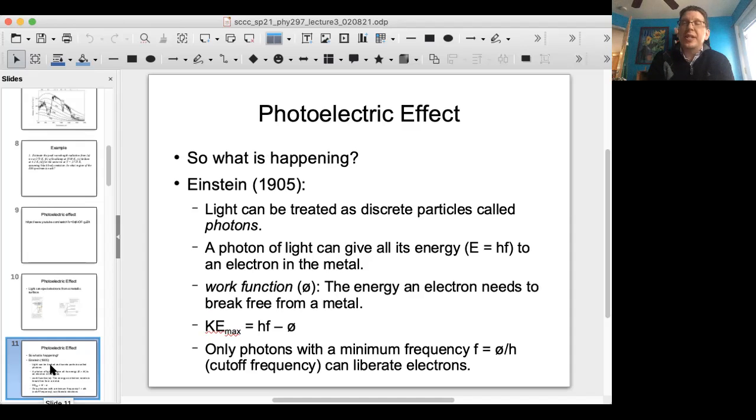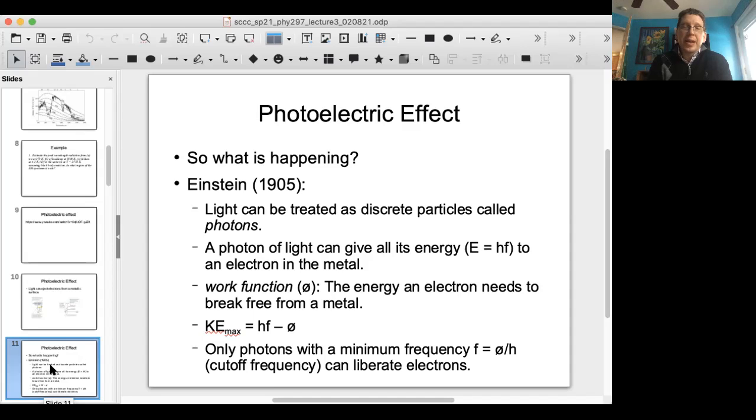So if the energy given to the electron by the photon does not exceed the work function, then the electron stays within the metal. It does not get ejected. But if it does exceed the work function, then you can observe the electrons being ejected, and you can observe a current being measured.